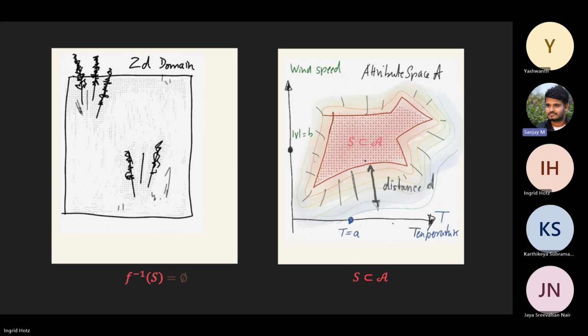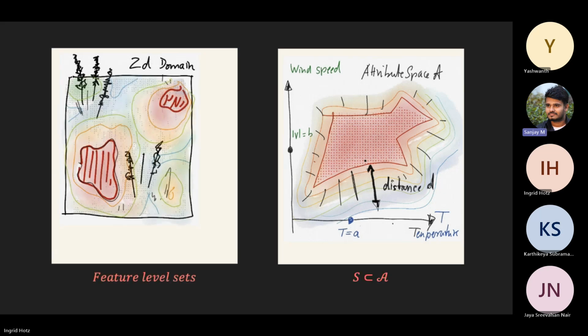So what we are looking at here is a distance field in our attribute space. We do not illustrate the ideal conditions, but we illustrate how close we actually get to these conditions. Then we can pull this back. That's the goodness, the feature strength. This is the basic idea of the feature.